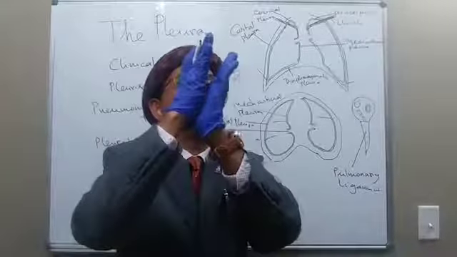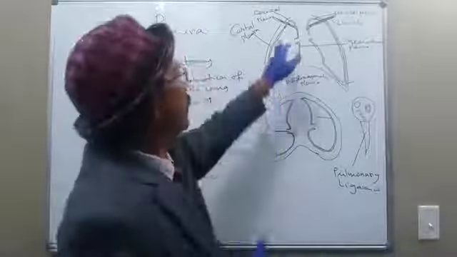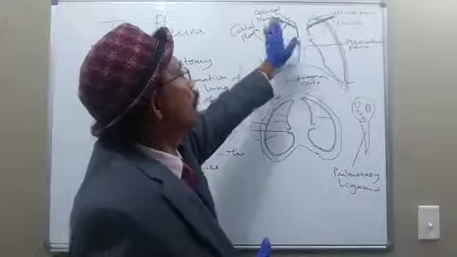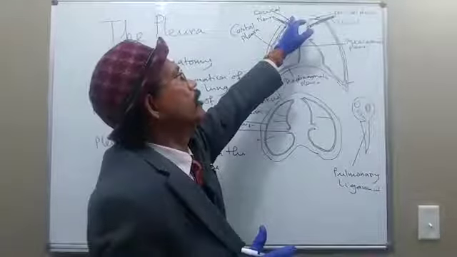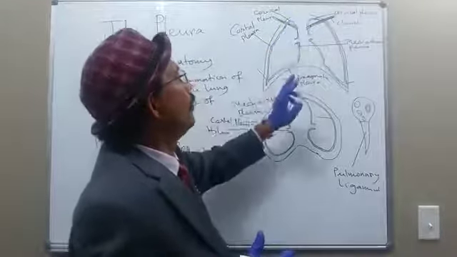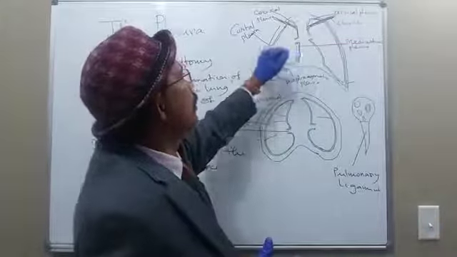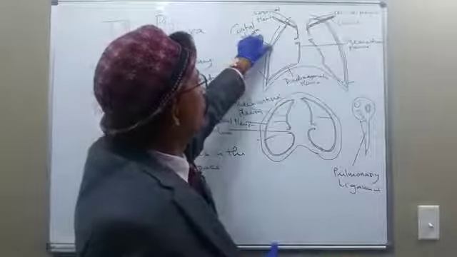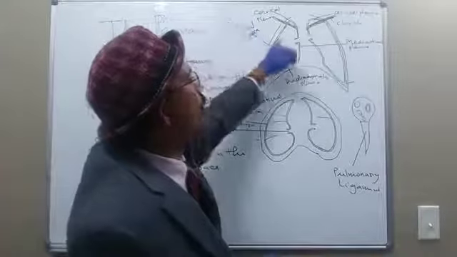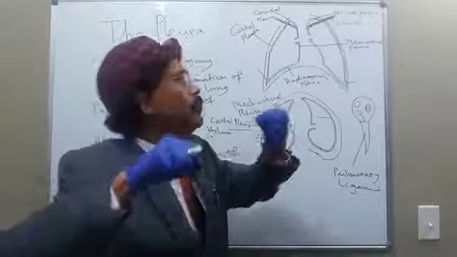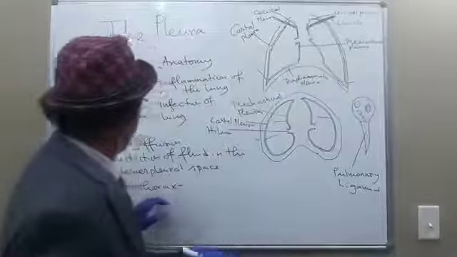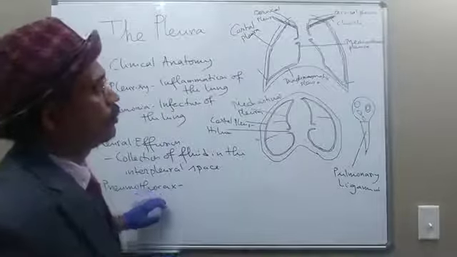The parietal visceral pleura come close together, and there is negative pressure there. For any injury or disruption of any congenital cyst or bleb or instrumentation, if this is open, then air will go inside it. Negative pressure maintains the lung to be expanded, so lung would be collapsed. We call it pneumothorax in that condition.